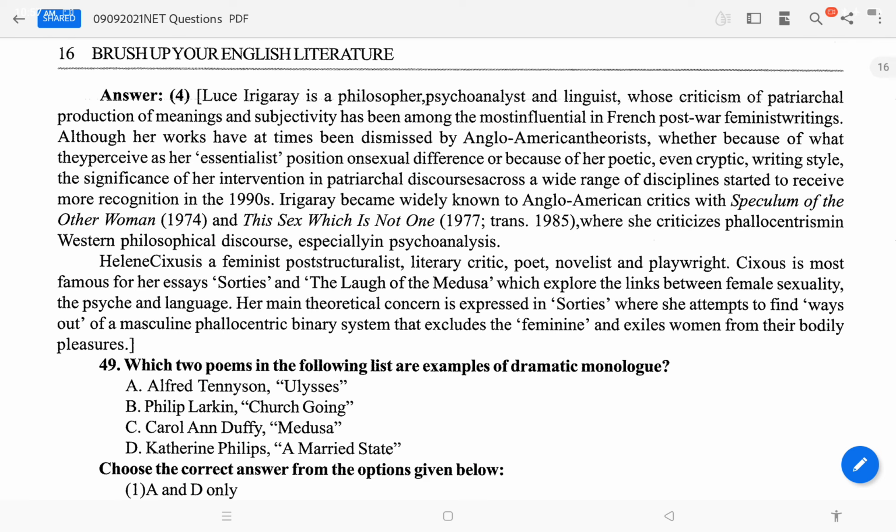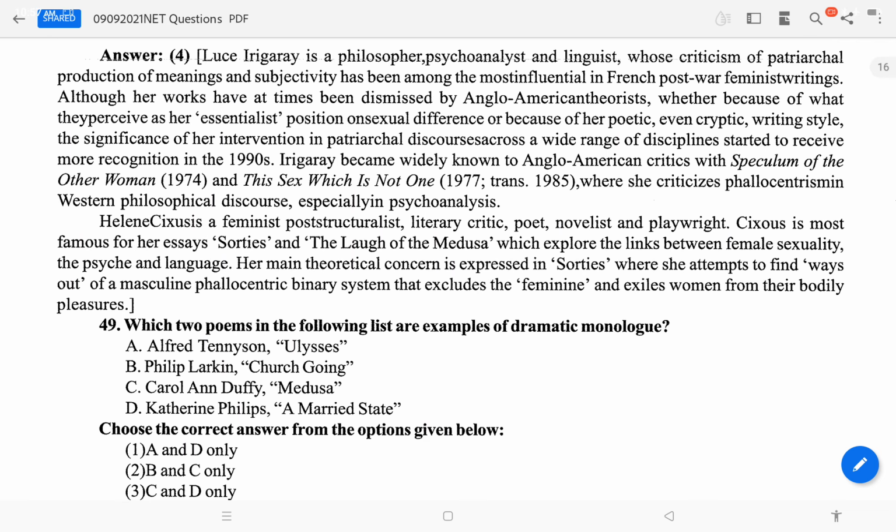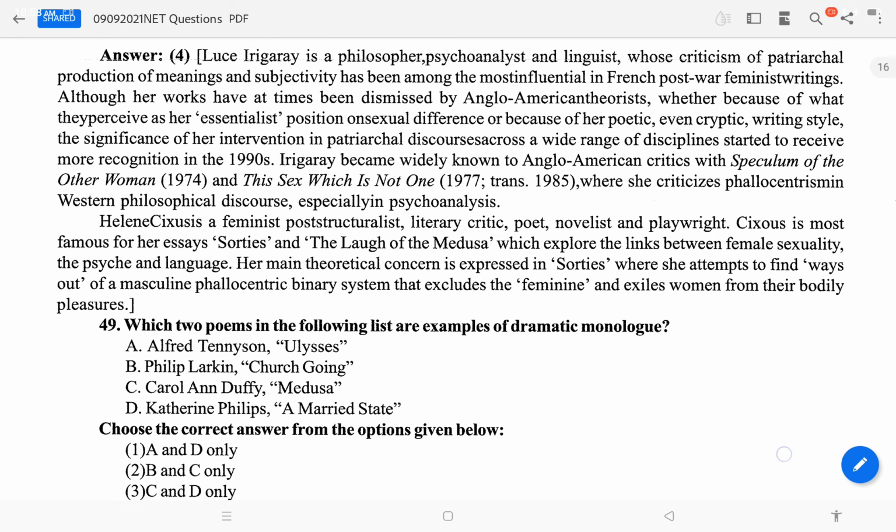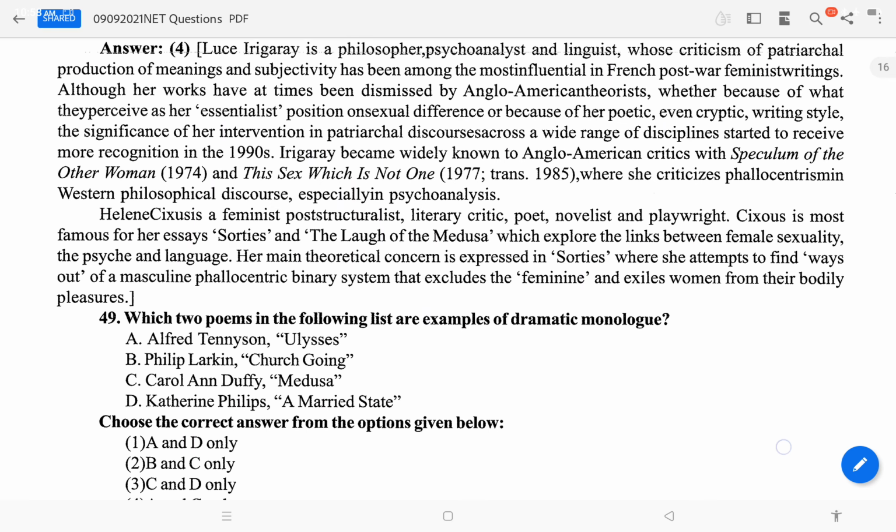Although her works have at times been dismissed by Anglo-American theorists, whether because of what they perceive as an essentialist position on sexual difference or because of her poetic, even cryptic writing style, the significance of her intervention in patriarchal discourse across a wide range of disciplines started to receive more recognition in the 1990s. Irigaray became widely known to Anglo-American critics with Speculum of the Other Woman.